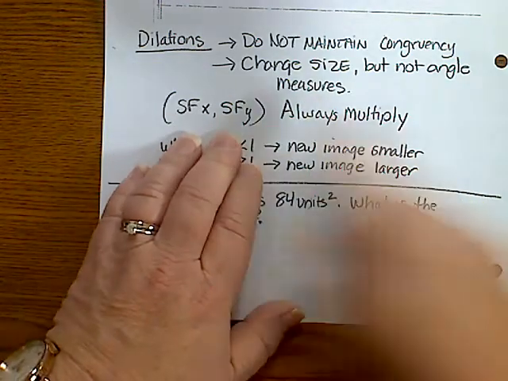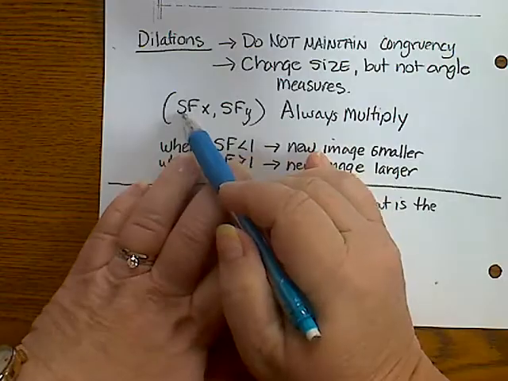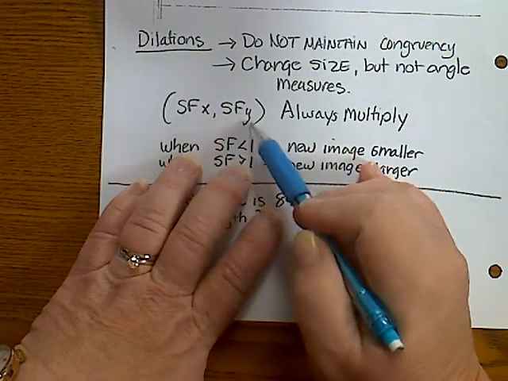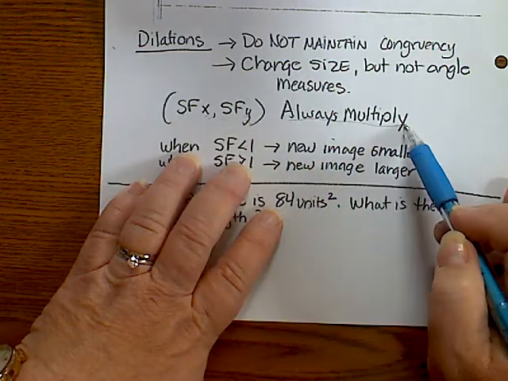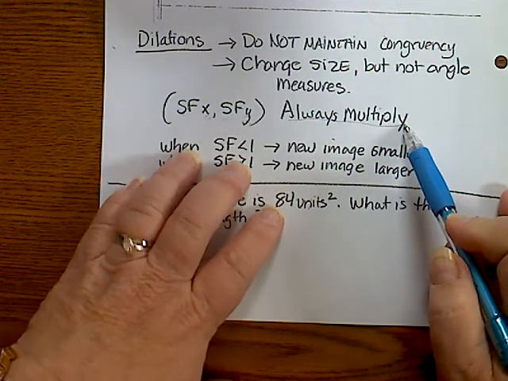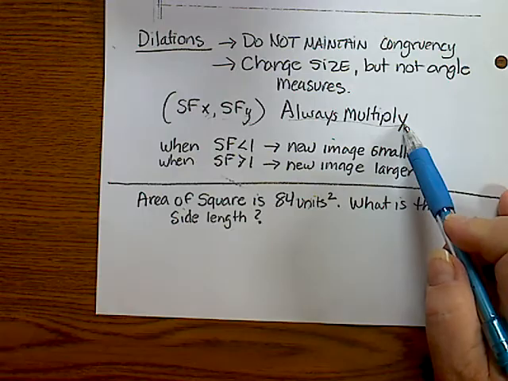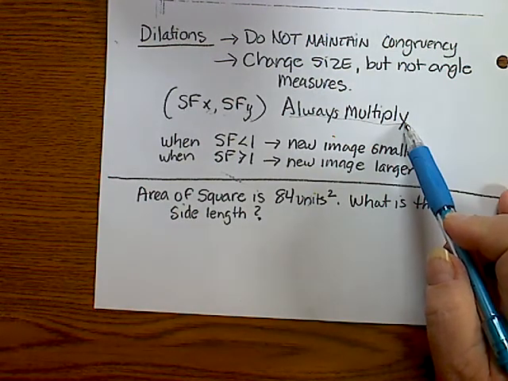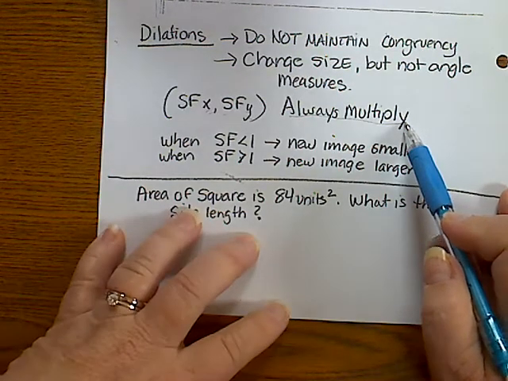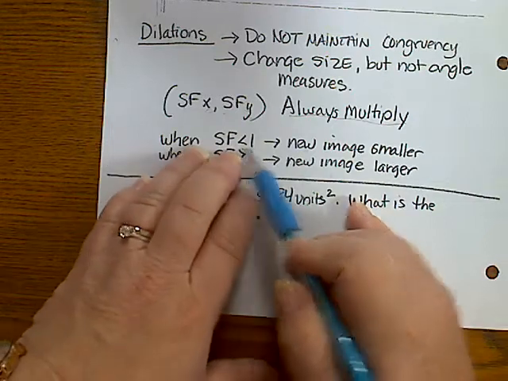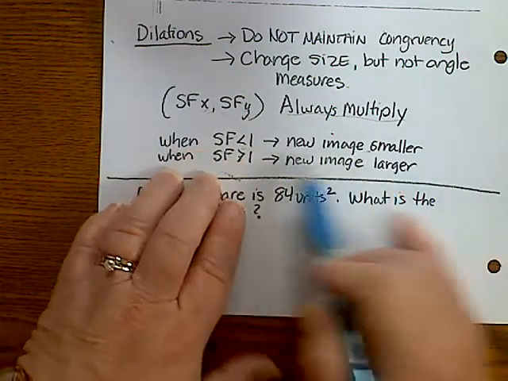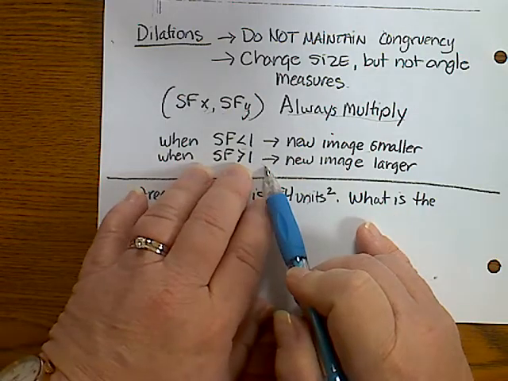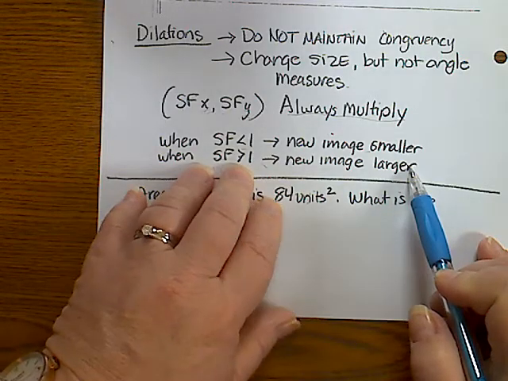A rule is always going to be whatever your scale factor is times y and your scale factor times x, okay? Just like this. It's always multiplication. I've never seen them use division because they just use a number that is less than 1 if they want to make it smaller, which would be kind of dividing, or they use a number that's greater than 1 if they want to make a number bigger.